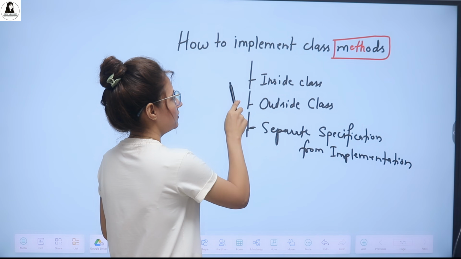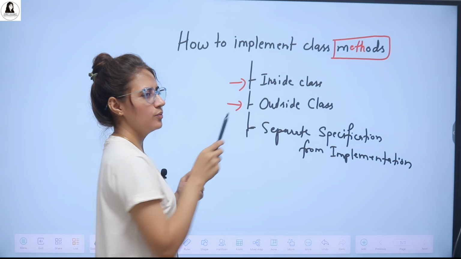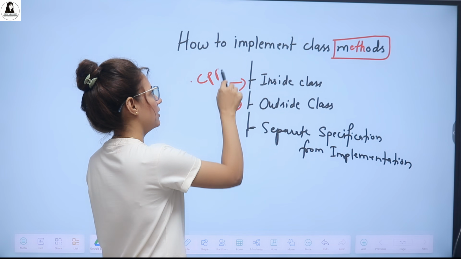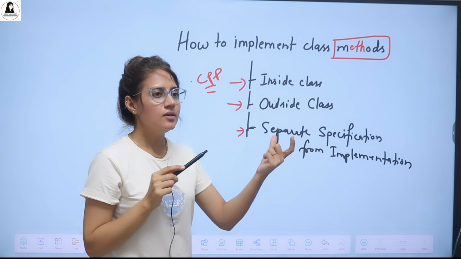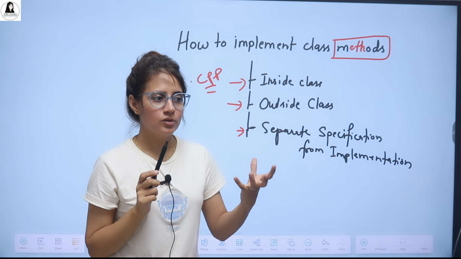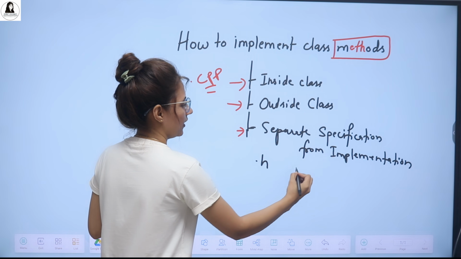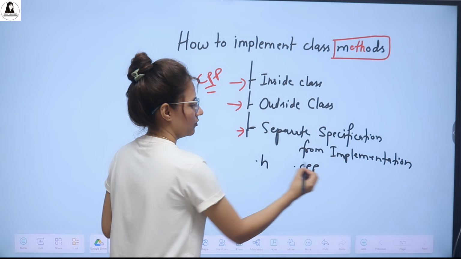Inside the class and outside the class would obviously be within the same file, whatever .cpp program we create. But here we divide our program into two files: one is a .h file and one is a .cpp file.